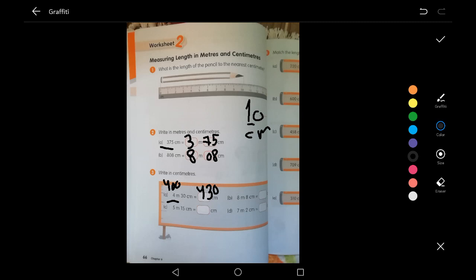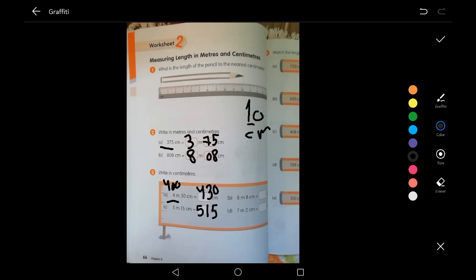For part C, I'm going to solve it as we used to solve it easily without adding. 5 meters means 5 in the hundreds place, and 15 is in the tens and the ones place. Because there is no change on the centimeters, it is centimeters to centimeters, it is the same, we didn't convert it at all. So B, 8 meters, 8 centimeters here.